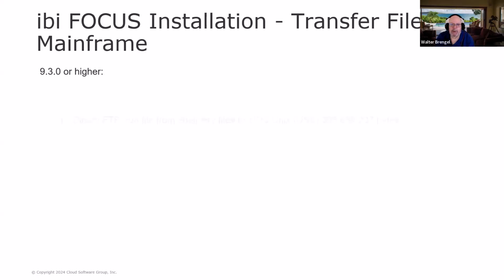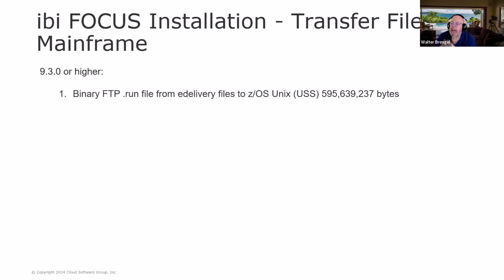So for 9.3.0 or higher, you're going to binary FTP a .run file. So that's new. We didn't have a .run file before. But the whole purpose is we're trying to make this as easy as possible for the end user. So we have a run file which will do all of the uncompressing of the individual files and creating of the files on MVS, as well as doing the receive, all for you behind the scenes.